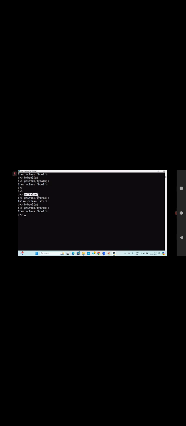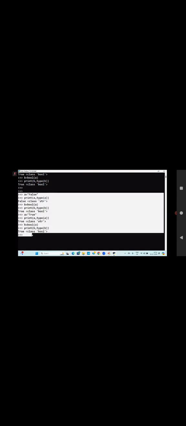Generally people will feel false means Boolean, it is converted as false only. But it is not. Are you following me? So A is equal to true. Obviously, which is taken automatically as true only because it is considered as length.